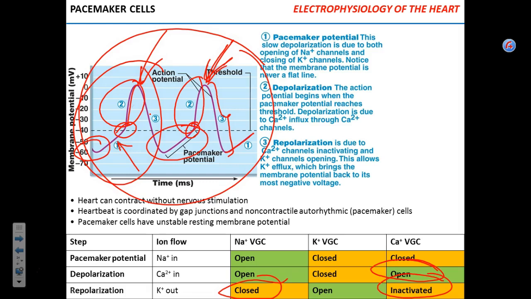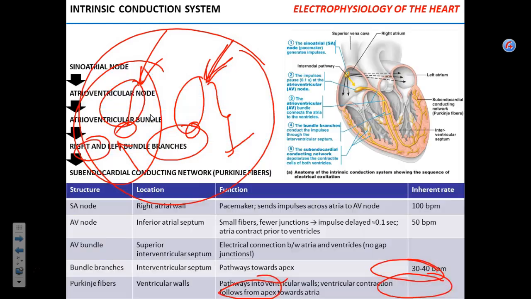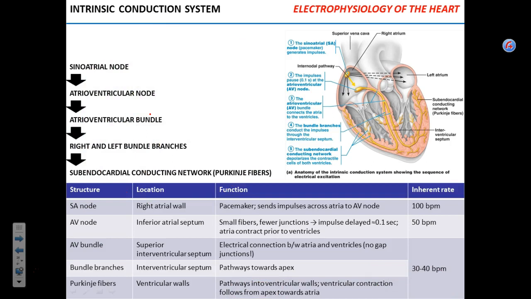And since we have figured out that cardiac contraction is all about electric potential, we approach the intrinsic conduction system of the heart. Those are the structures responsible for transmitting the electrical impulse from the atria to the ventricles.